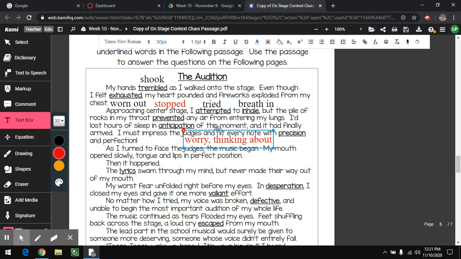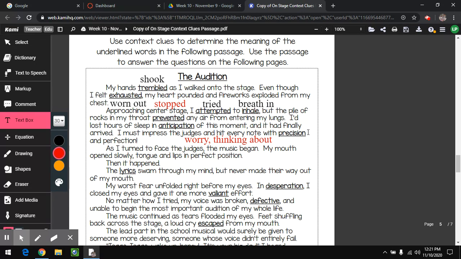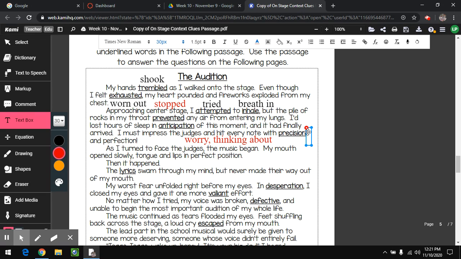Perfection, exactness, it has to be exact, it has to be perfect, it has to be accurate. It's like when you're singing and your voice makes a weird note, that would not be precision. So we can say that precision does mean perfection. We can also say that it says exactness. So you can either write exactness or perfection.